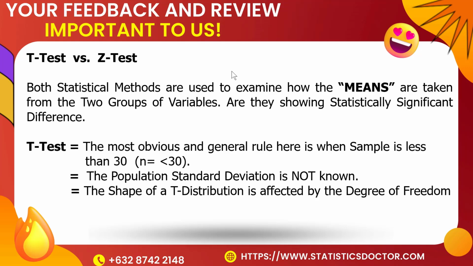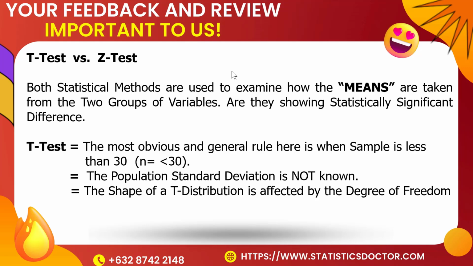Both statistical methods, the t-test and the z-test, are used to examine the means taken from two groups of variables. Are they showing a statistically significant difference? So, when to use a t-test? A t-test is used when the number of samples is less than 30.